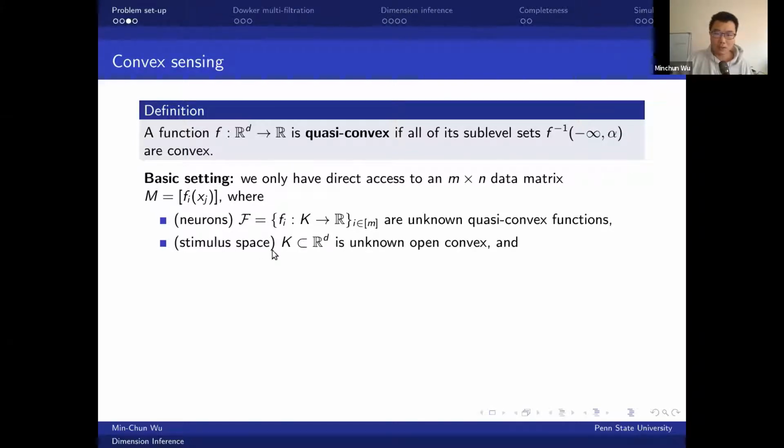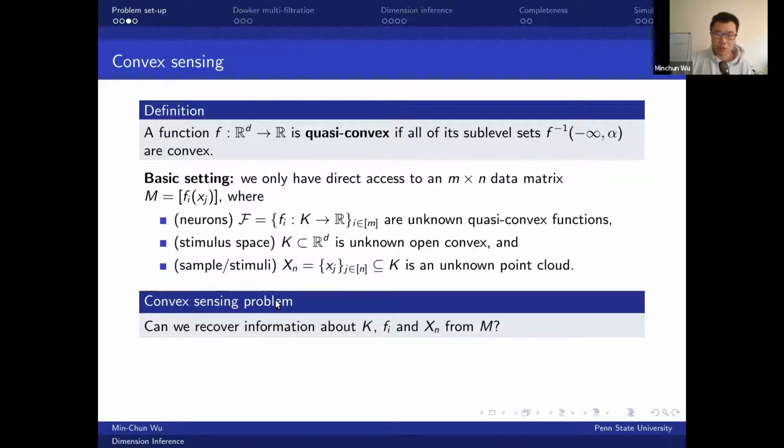We assume there is an unknown stimulus space, an open convex set in R^d, which we denote by K, the common domain for the functions. You can think of that as a generalization of the place cell discovery. And we assume there is an unknown point cloud in K, which are the stimuli encountered in the stimulus space by the neurons.